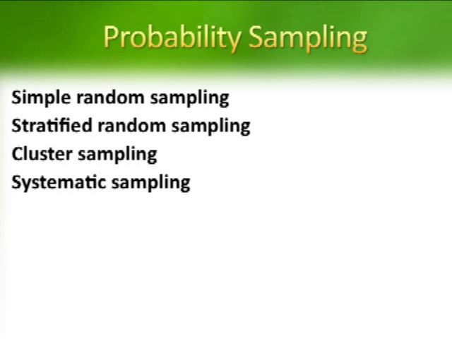The second way is stratified random sampling. This is used when the researcher knows some of the variables of the population are critical for achieving representativeness. For example, age.